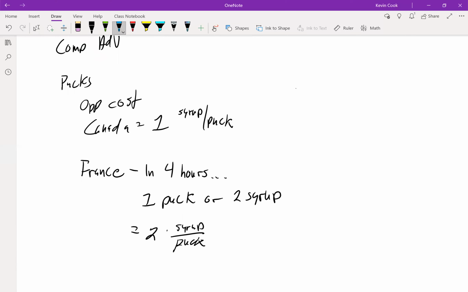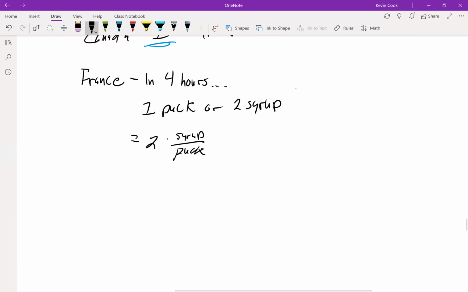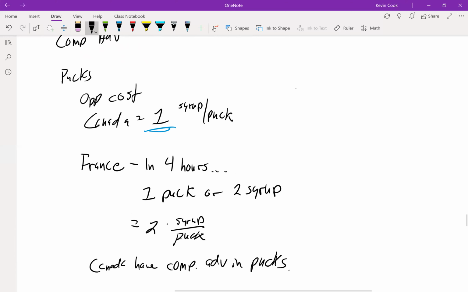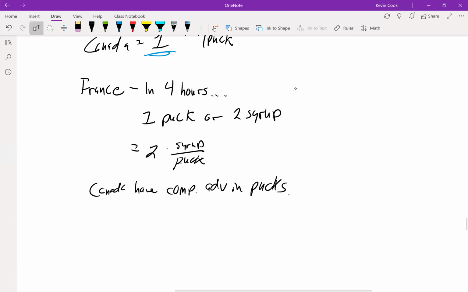So in this case, if we think about the opportunity cost, we see that Canada has a lower opportunity cost for pucks. So Canada will have the comparative advantage in pucks. And then similarly, if we look at our opportunity cost for syrup, we'll see that Canada, again, is equal to 1 puck per syrup.